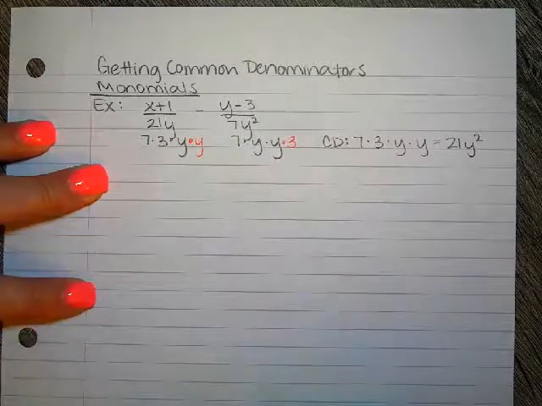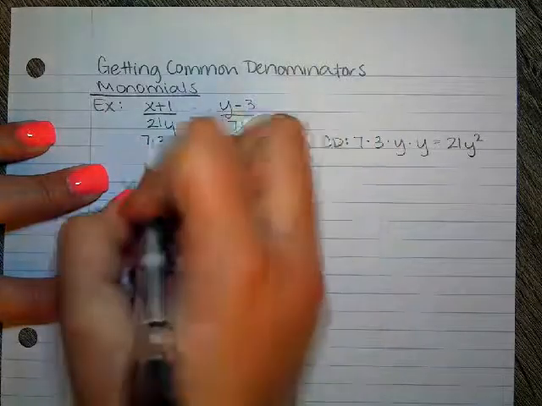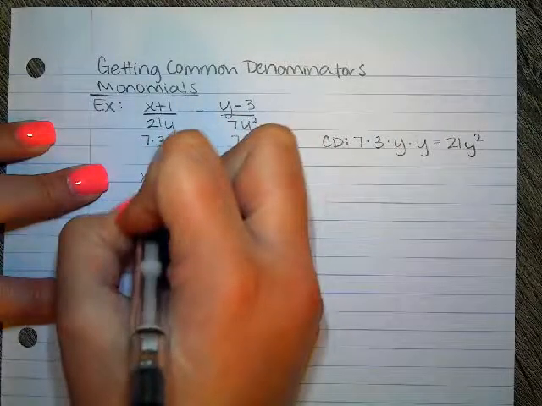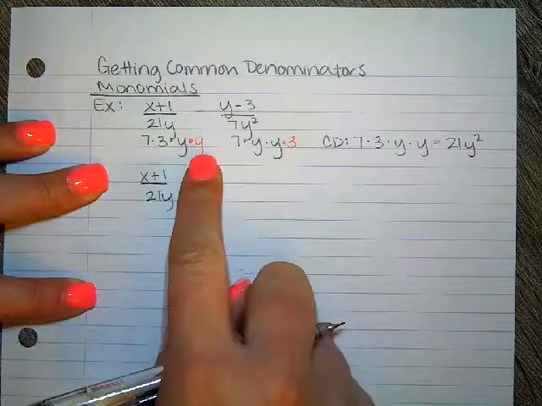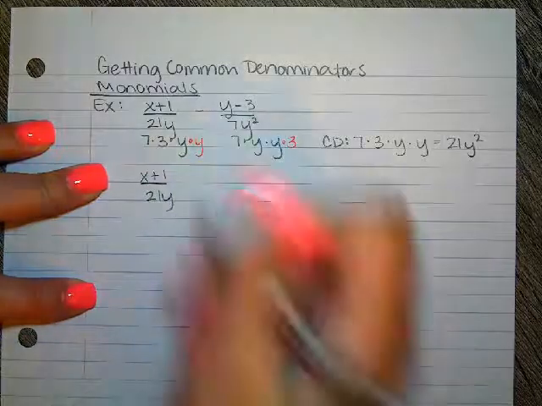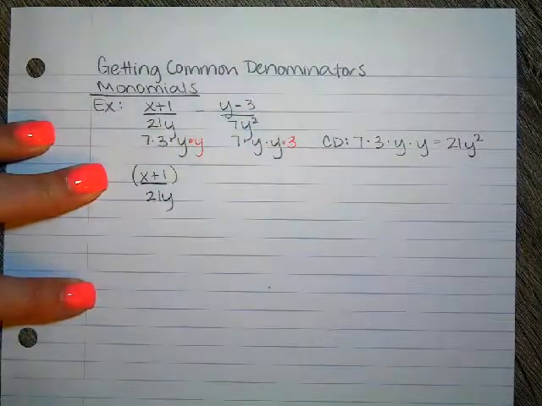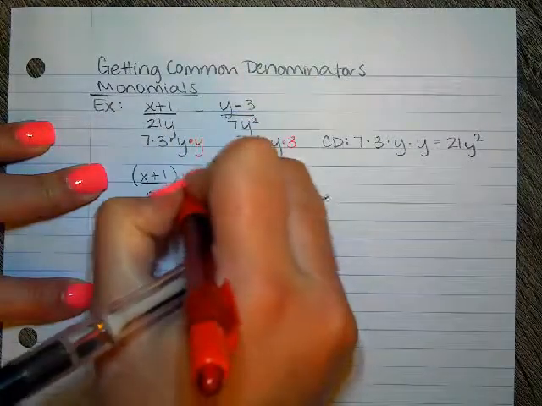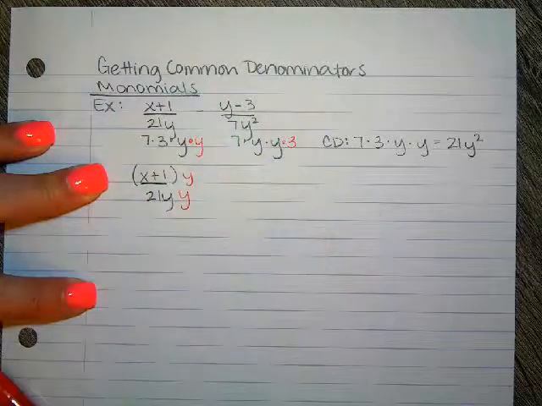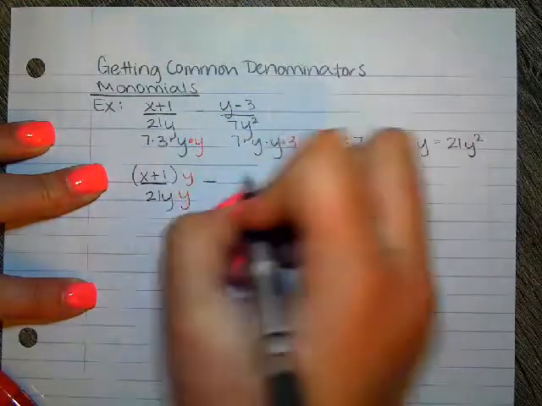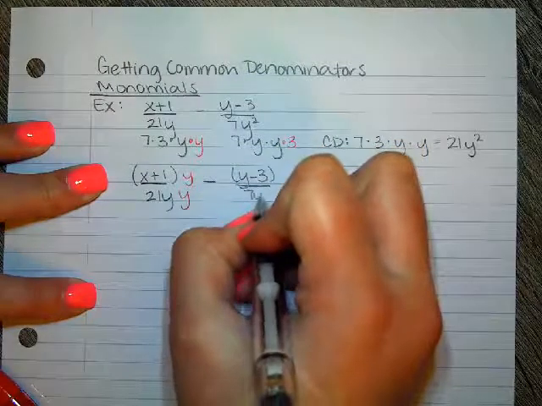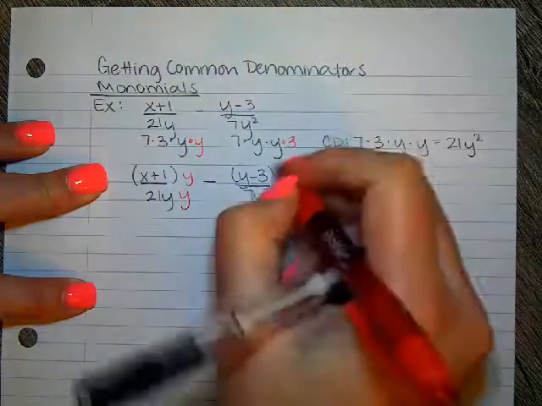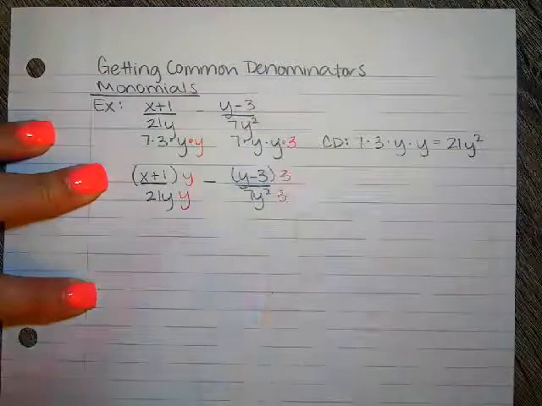So now I can go through and take my fraction and multiply by that thing that it needed on the top and the bottom. So I'm going to multiply by y on the top, multiply by y on the bottom. Multiply by 3 on the top, multiply by 3 on the bottom.